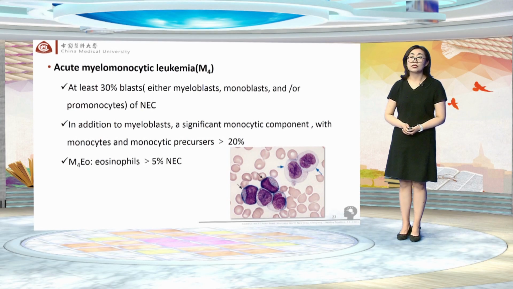M4 has a subtype, which is M4 with eosinophilia, called M4EO. It is characterized by eosinophils more than 5% of NEC, in addition to the M4 features.